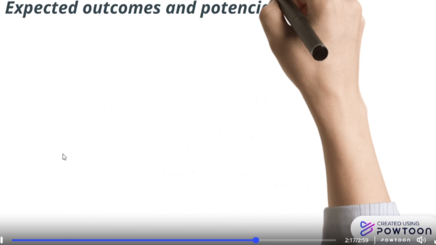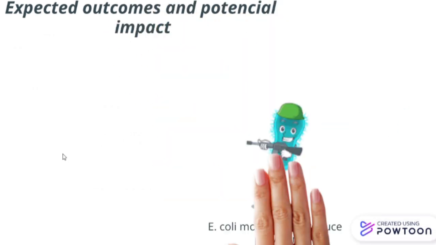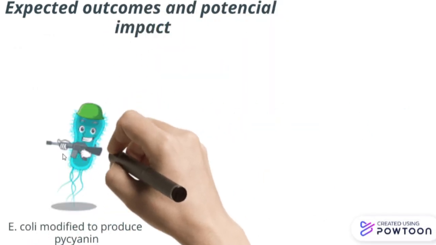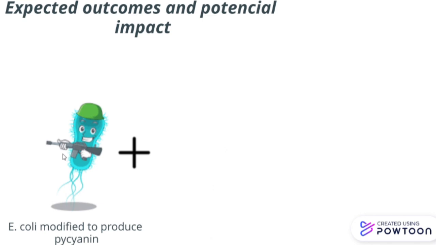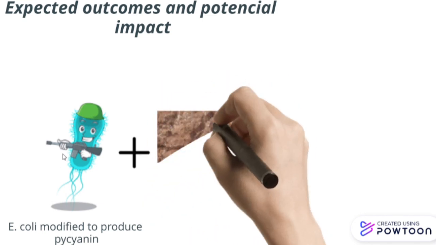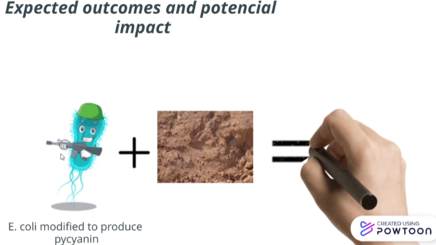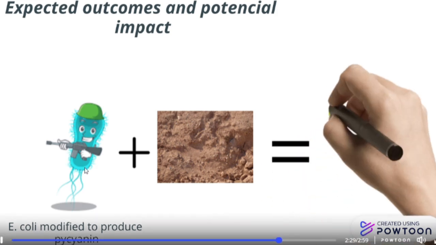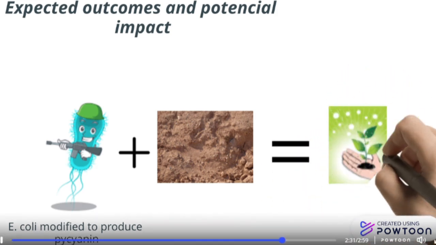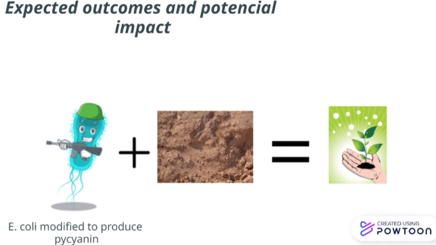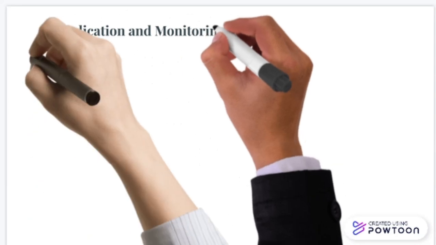We expect that our approach will decrease pathogen levels in the soil and improve crop health without the negative effects of chemical antifungals. Our methods would offer a sustainable, eco-friendly alternative to synthetic chemicals, ultimately leading to healthier crops and reduced environmental pollution. Application and monitoring.